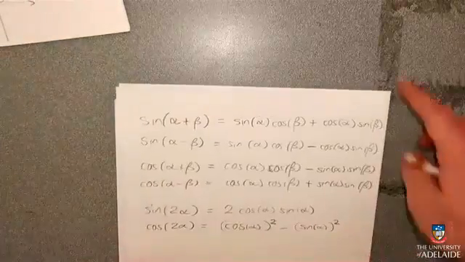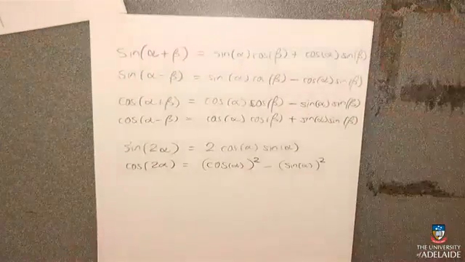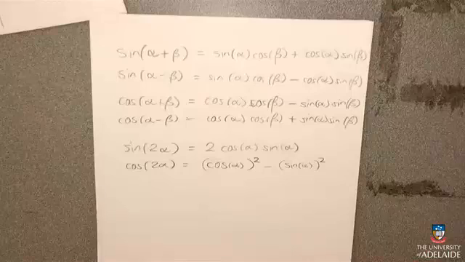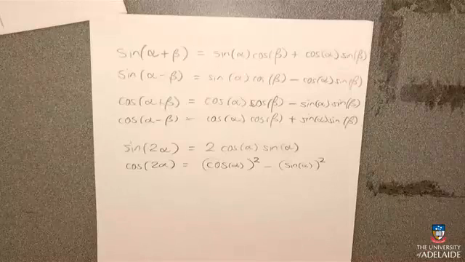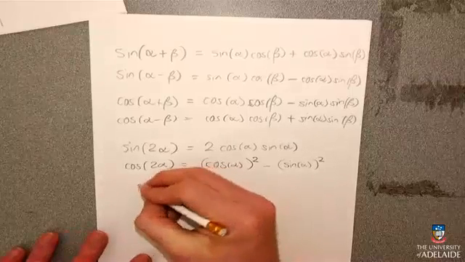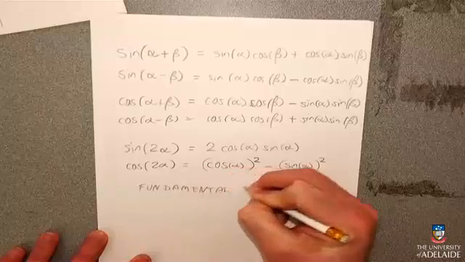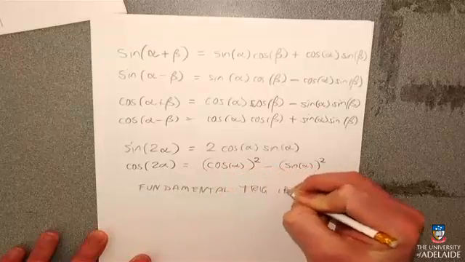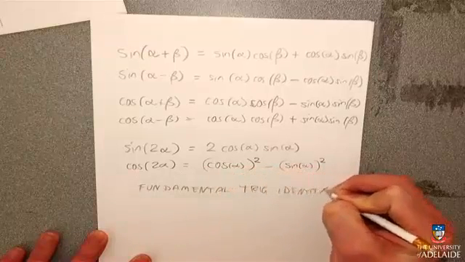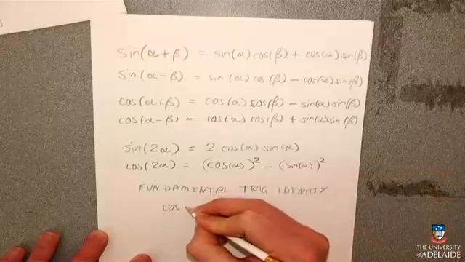Okay, there is one trig identity that I have not mentioned, which is the most important trig identity of all trig identities, in so much so that it is called the fundamental trig identity. And it is this.